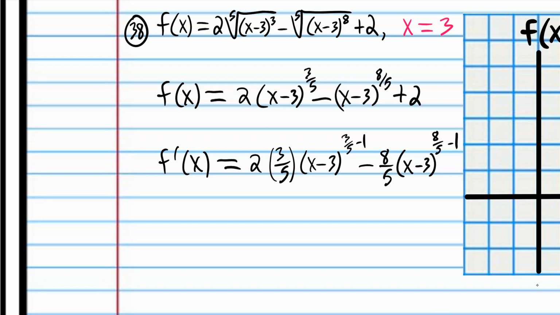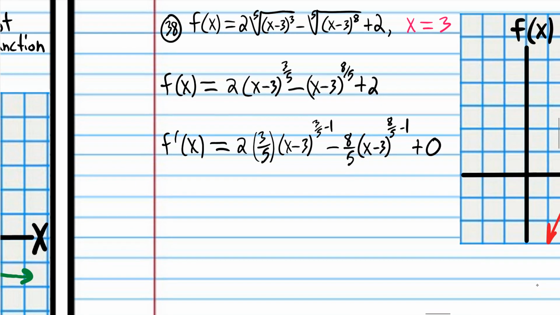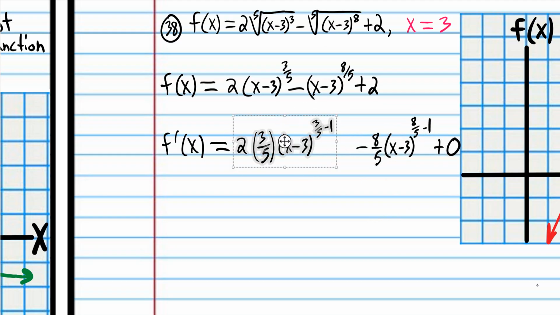And of course the derivative of a constant is 0. And by the way, we'd have to use the chain rule here. I don't know if I have enough room to demonstrate that, but just to be thorough, technically we would have to use the chain rule, so we'd have to multiply by the derivative of x minus 3.